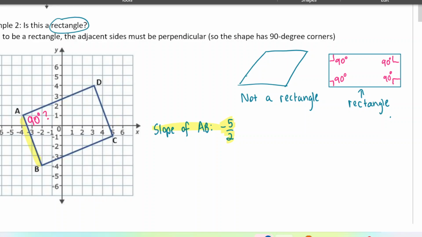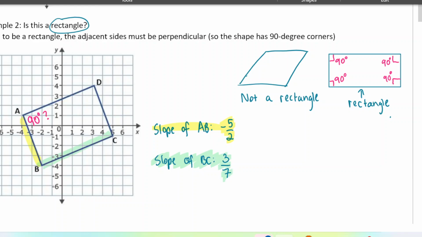Okay, now let's do the slope of an adjacent line, BC. So let's count. The rise would be 1, 2, 3. The run would be 1, 2, 3, 4, 5, 6, 7. Let's see if we can reduce that. No, we cannot.